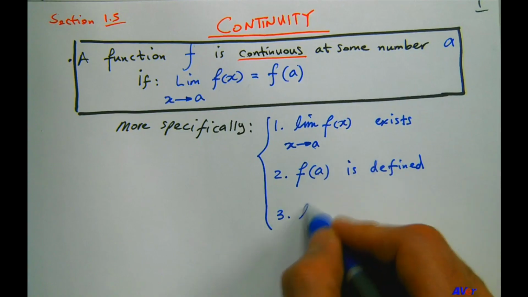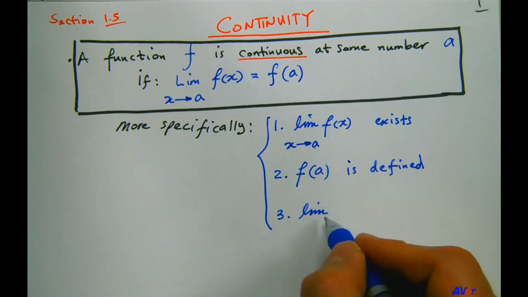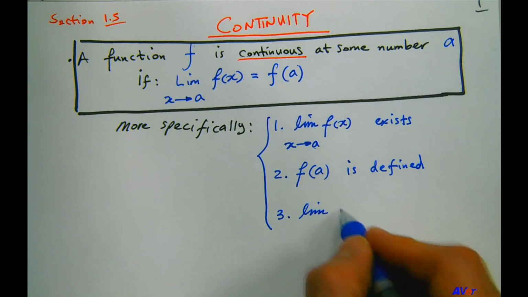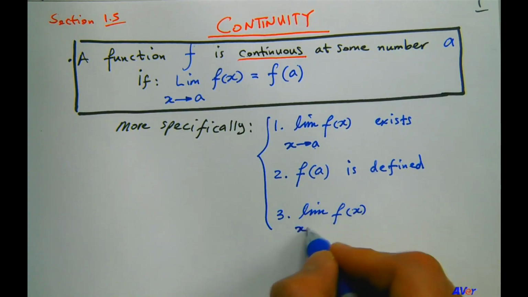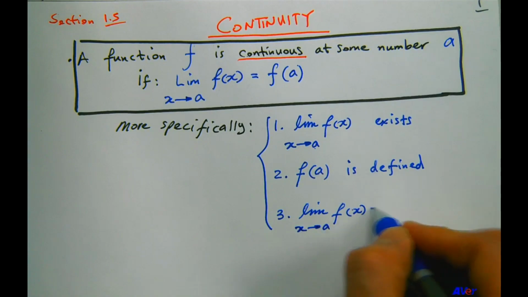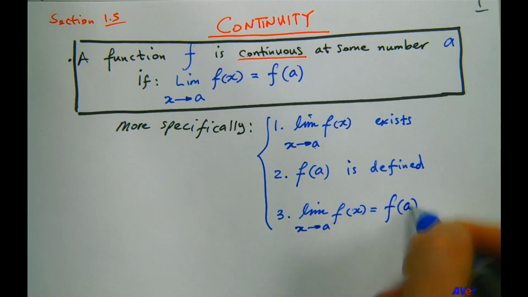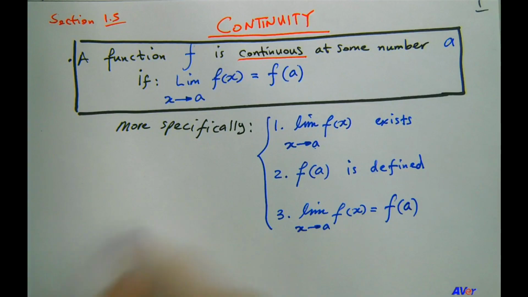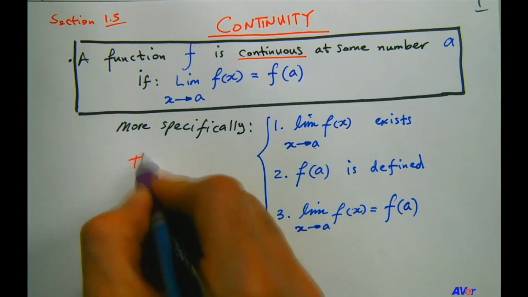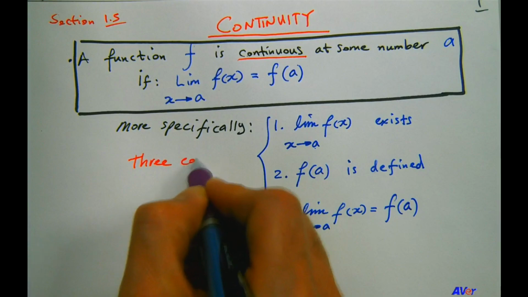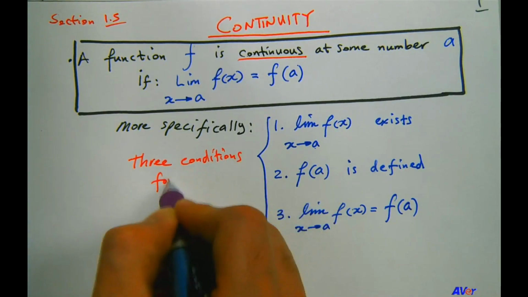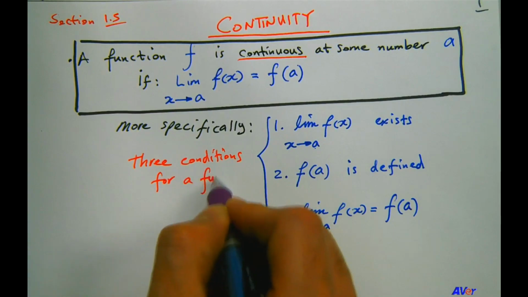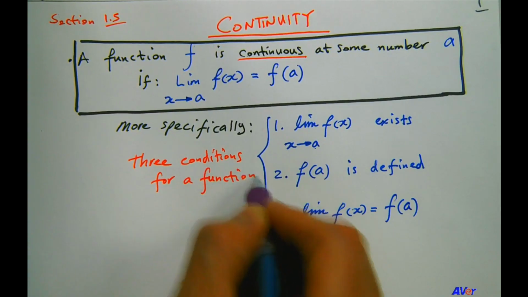So let's write that as the third condition for continuity: the limit is equal to the value of the function at that value. So three conditions for a function to be continuous.